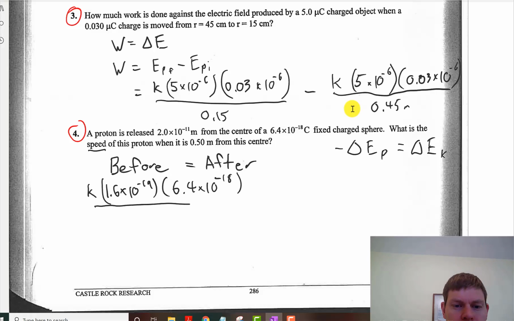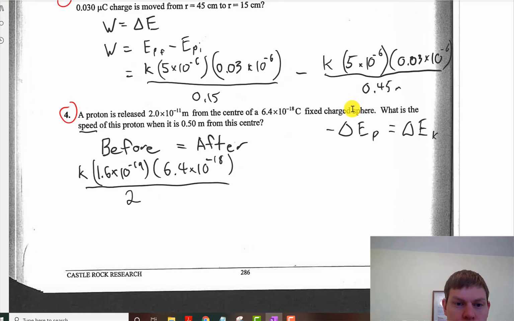And then we will divide it by the initial distance, which is 2 times 10 to the -11, which is very small, so this will actually be a fairly big potential energy, relatively so, even though the charge is so small.